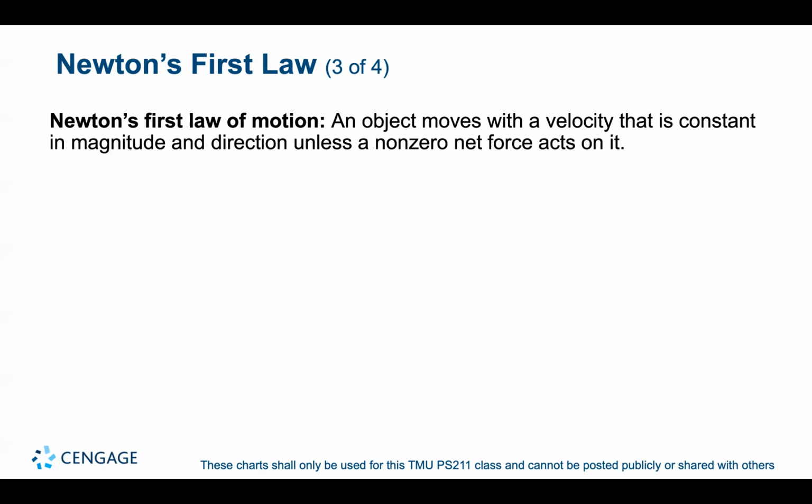Galileo devised thought experiments, such as an object moving on a frictionless surface, as on the previous slide, and concluded that it's not the nature of an object to stop once it's set in motion, but rather to continue its original state of motion. This idea was later formalized with Newton's first law of motion, that an object moves with a velocity that is constant in magnitude and direction unless a non-zero force acts upon it. So, like I said, what is in motion stays in motion, and what's at rest stays at rest.